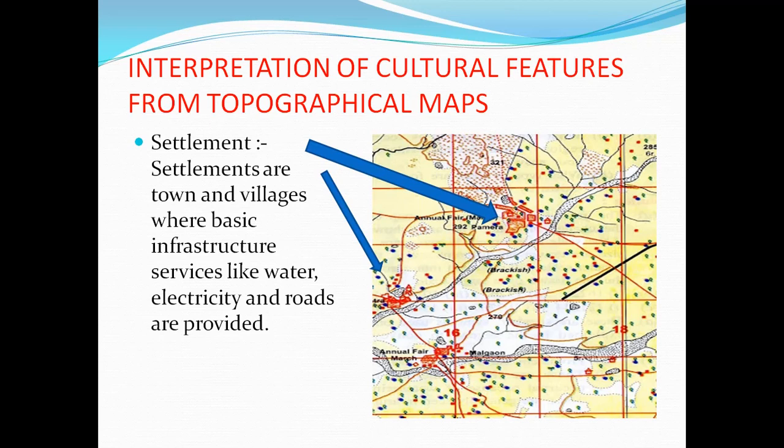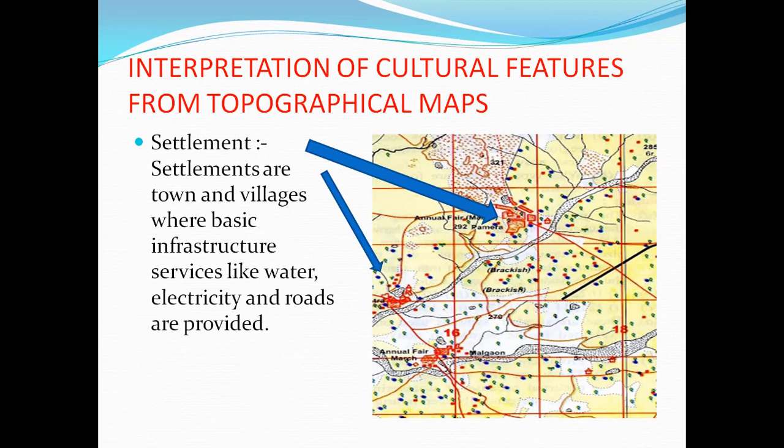In a topographical map, settlements are shown in red color. In a topo sheet, deserted villages, cities or temporary settlements are also shown with a blank red box.